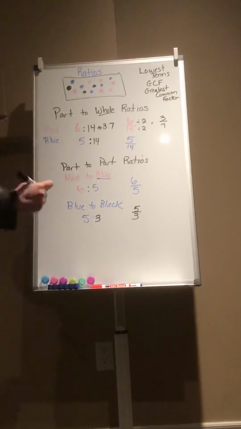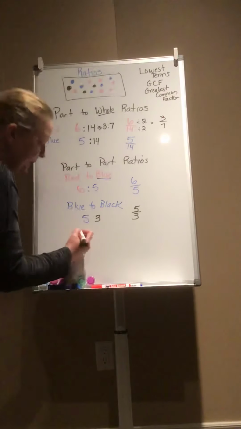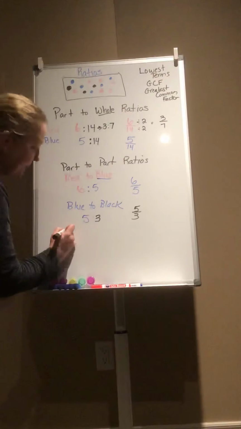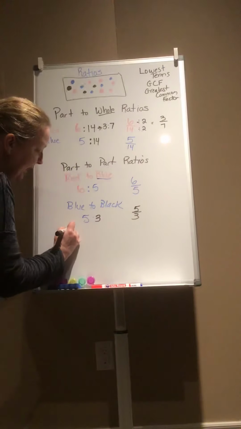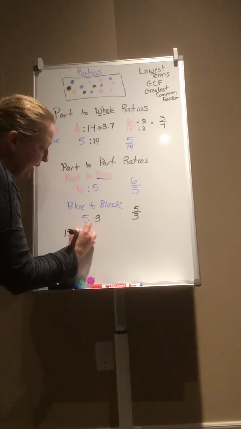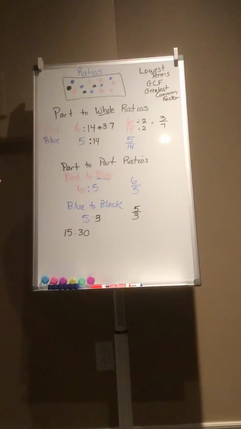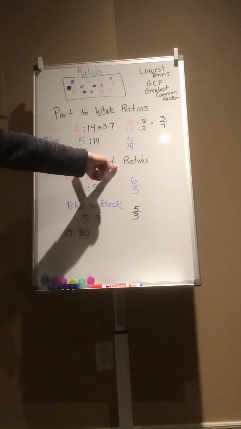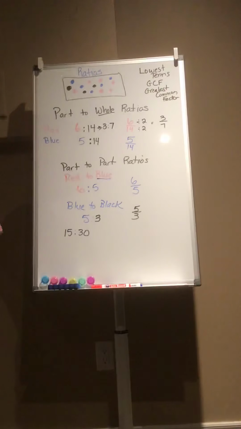So let's try one that I'm just going to make up so that we can use this greatest common factor one more time. So what if I had 15 parts to 30 parts?